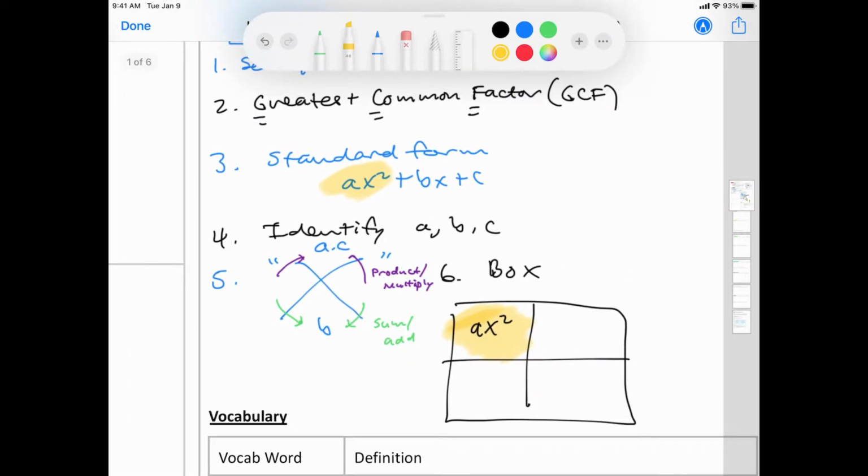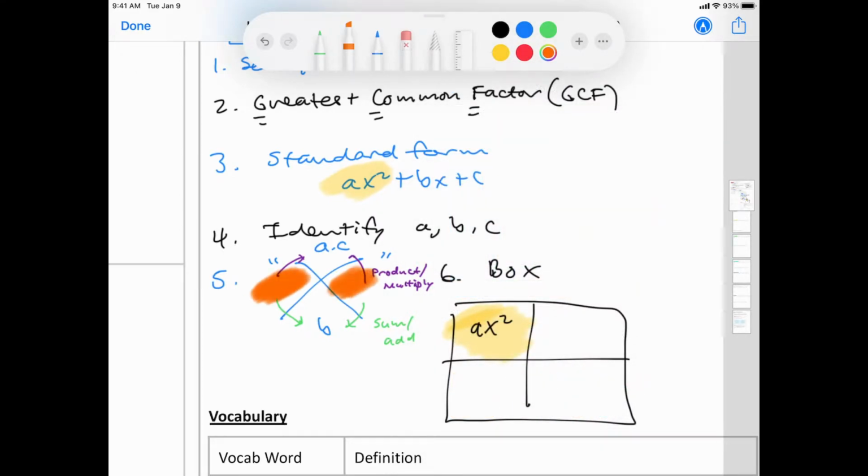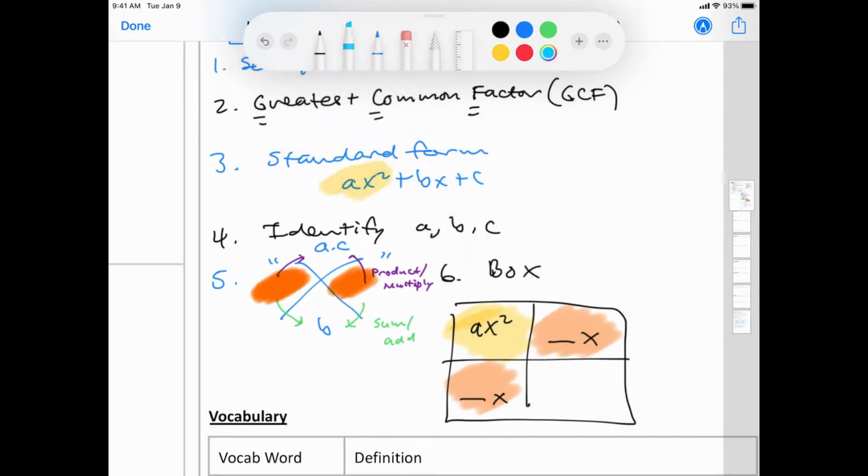Once you do that, you will take these two values and put them here always. So I'm just going to write something x, something x. And then you're always going to put your c value here in the bottom right.